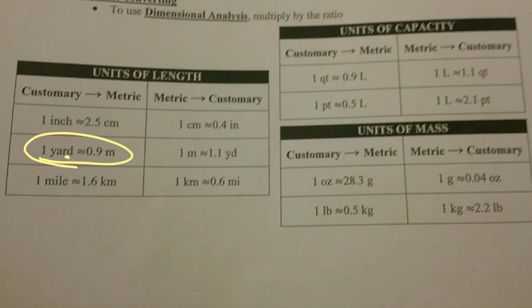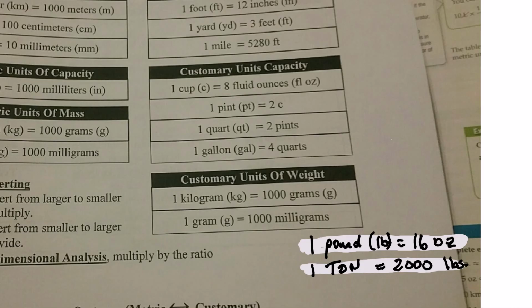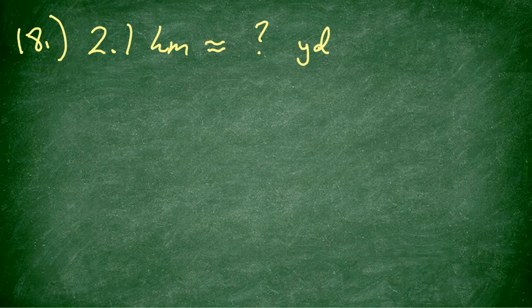You could have turned your kilometers into miles and then miles into feet and then feet into yards. I just think this is a little bit faster. So we're going to go kilometers to meters, meters to yards, okay?